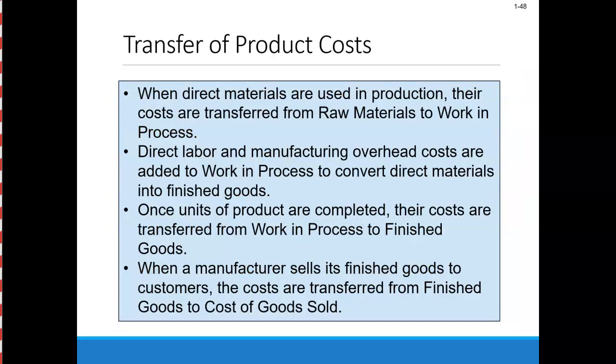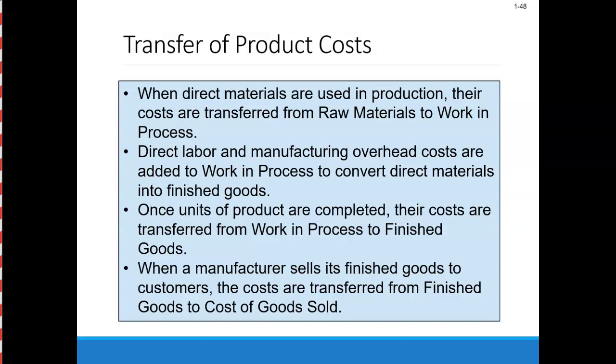When direct materials are used in production, their costs get transferred from one inventory account to another. So under inventory, we have all kinds of products. We have raw materials, we have work in process, we have finished goods.